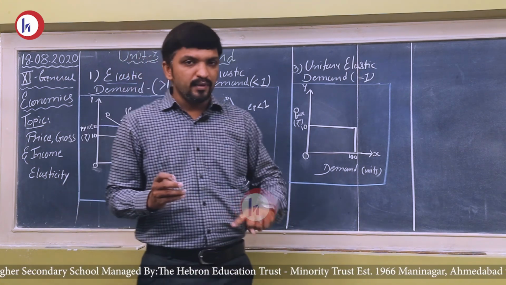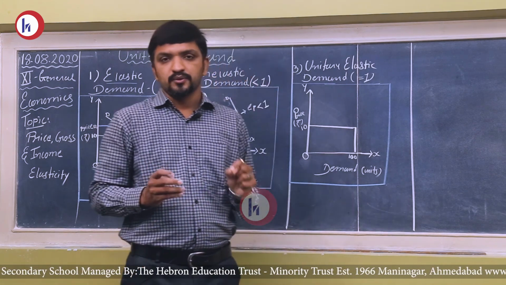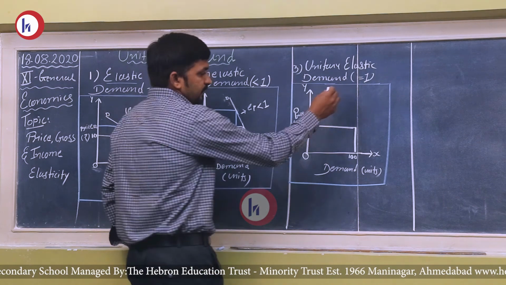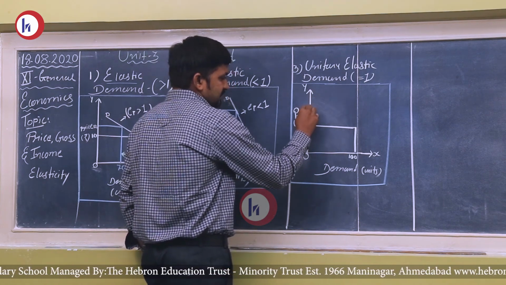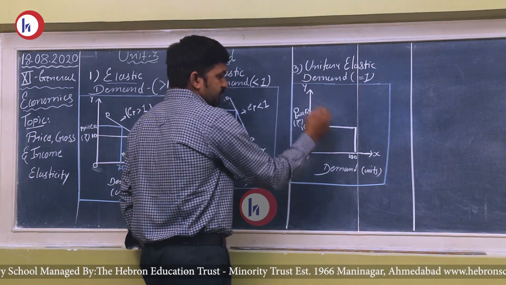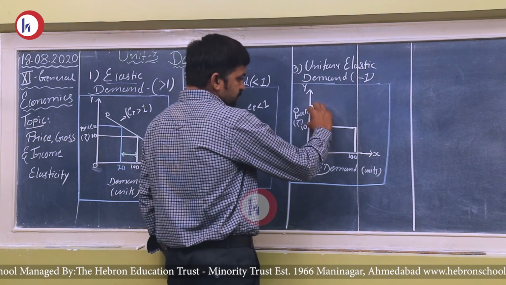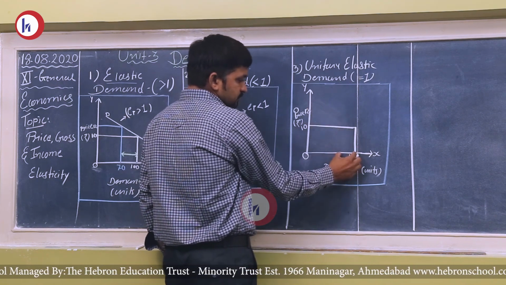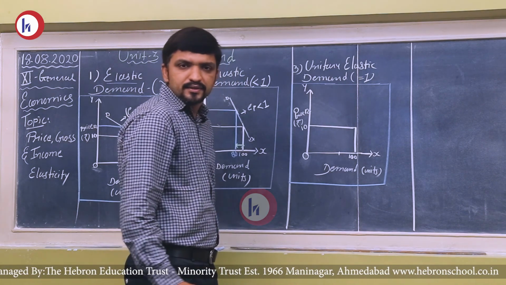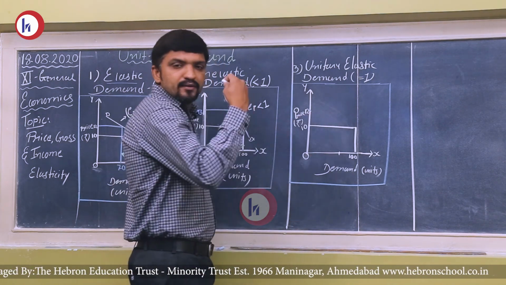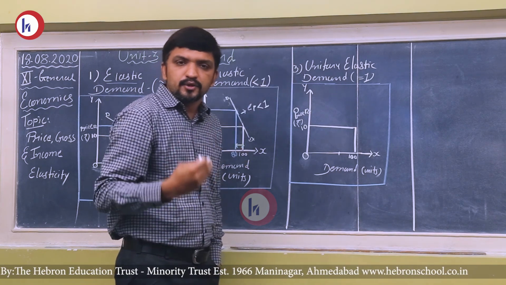So, suppose the price of the commodity becomes 12, that is, there is a rise in the price by 20%. So 10 to 12, and demand will reduce to 80. 20% rise in price and demand contracts by 20%.